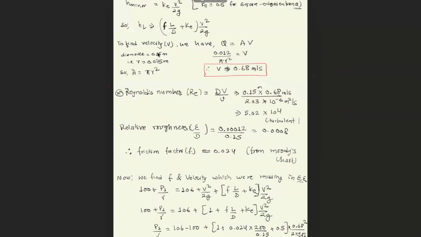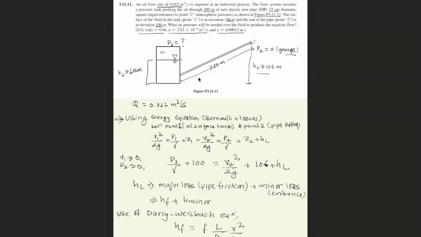So now it's maybe our last question, the fifth question. It asks us to find the pressure at this pressure tank. The length of this pipe and this upper part is 200 meters, and since this is exposed to the atmosphere, we consider that as atmospheric pressure.